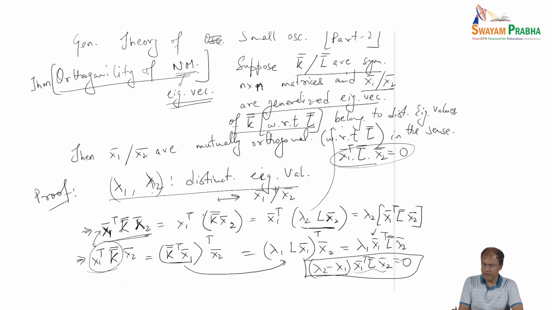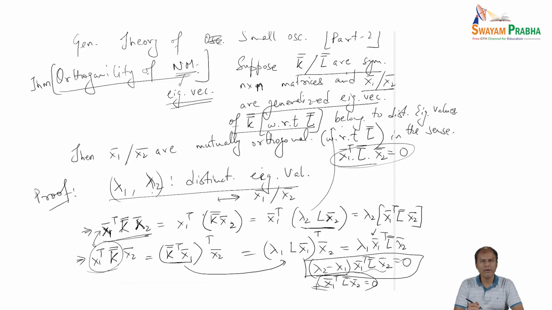We began with the assumption that both the eigenvalues are distinct, which means that x1 transpose L x2 has to be 0, or x1 and x2 are mutually orthogonal to each other with respect to the matrix L, and that is what the statement is.